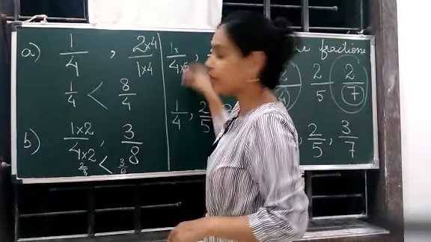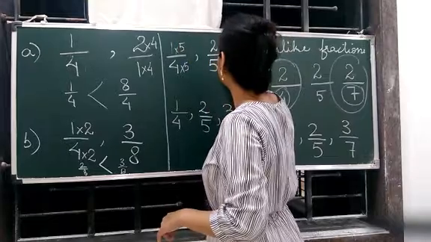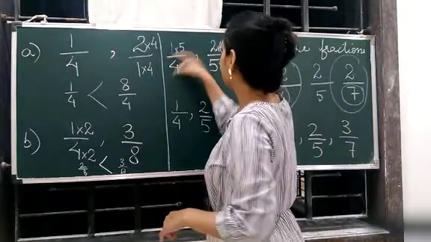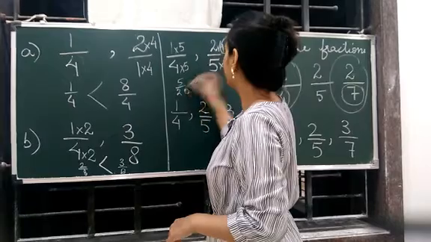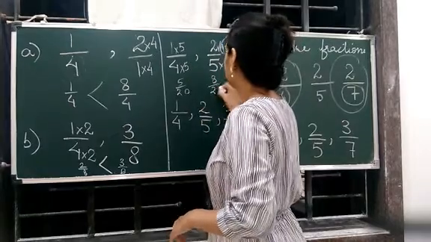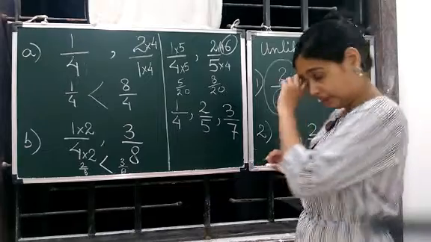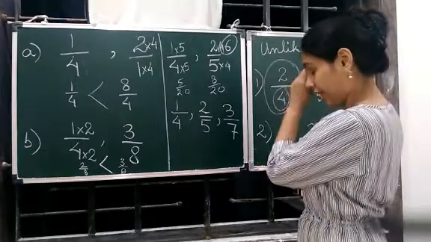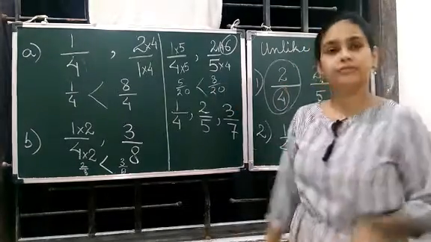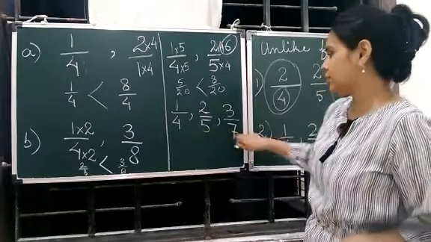Now what multiplies down will multiply up. Denominators have become the same? Yes? So now you compare 5 and 8. Who is greater? 8 is greater. Clear?